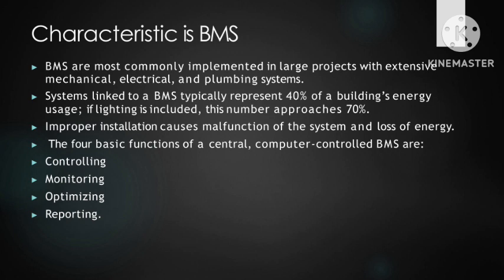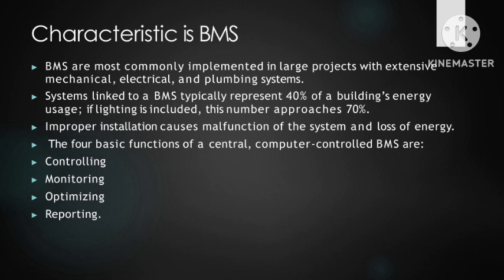Now, let's explore the defining characteristics of building management systems. To begin, building management systems are most commonly implemented in large projects with extensive mechanical, electrical, and plumbing systems. Additionally, systems linked to a BMS typically account for a significant portion, around 40% of a building's energy usage. When including lighting, this number rises to about 70%.